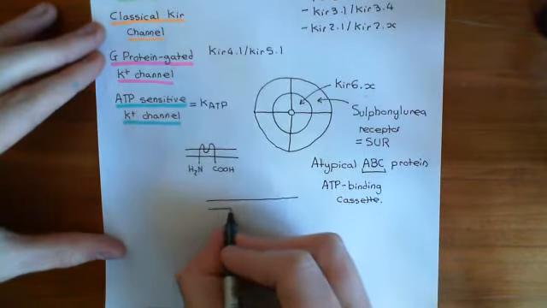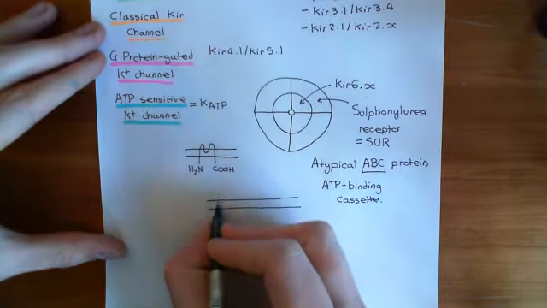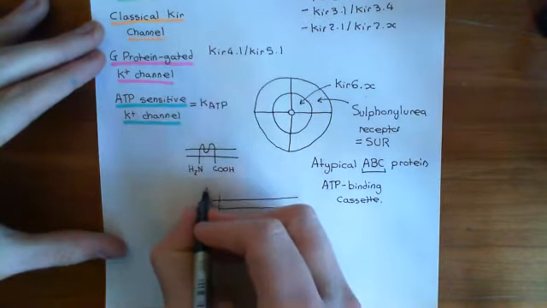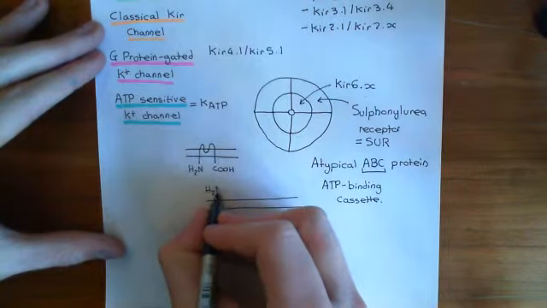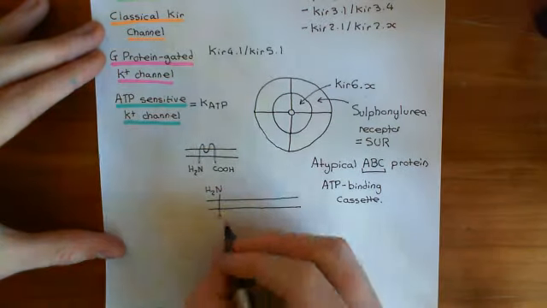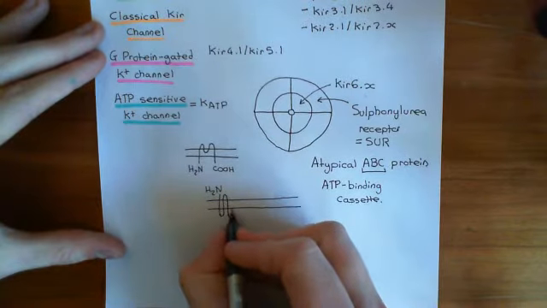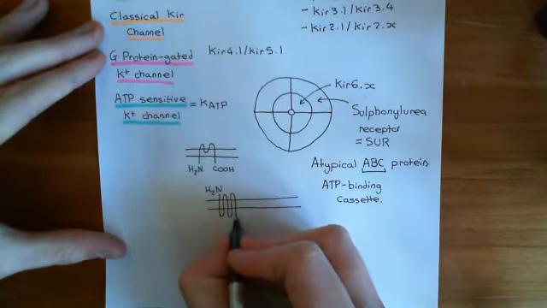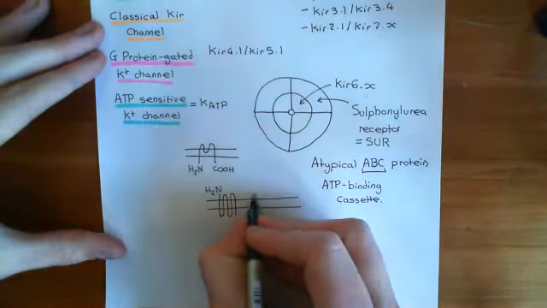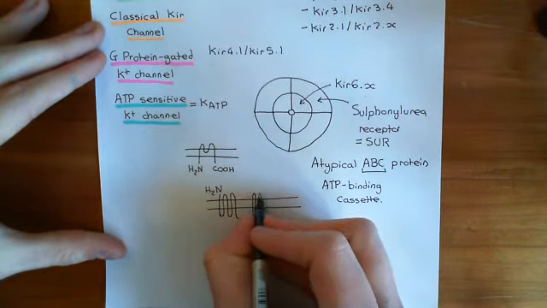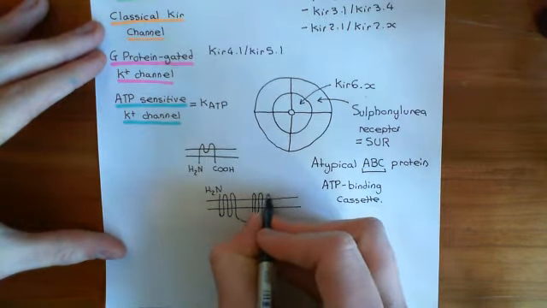Let me now show you the membrane spanning topology of a sulfonylurea receptor, and it's a big protein. Here is the plasma membrane. The amino terminus starts off in the extracellular fluid over here, like so. Then you have 5 membrane-spanning alpha helices, 1, 2, 3, 4, 5. Then you have another 6 membrane-spanning alpha helices, all together like so.